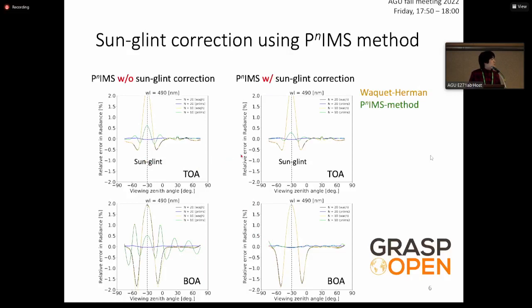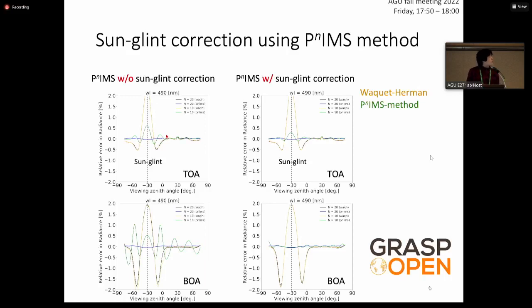And even at the top of atmosphere, this fluctuation is decreased and the radiance improved. But Wacky and Ehrman, without sunglint corrections, had 2% errors, sometimes 2% errors in the sunglint regions.